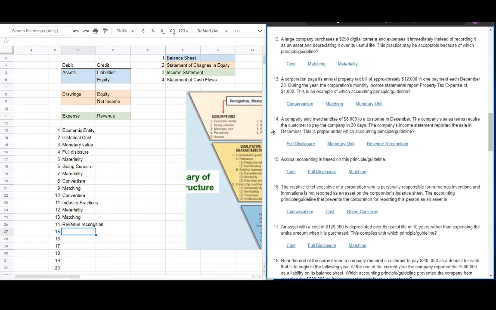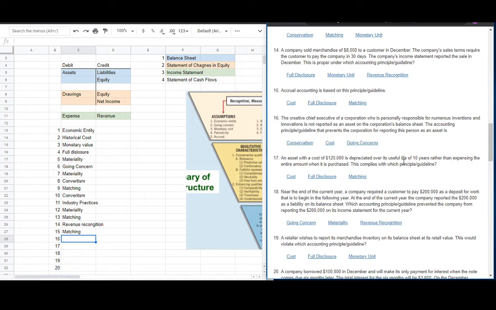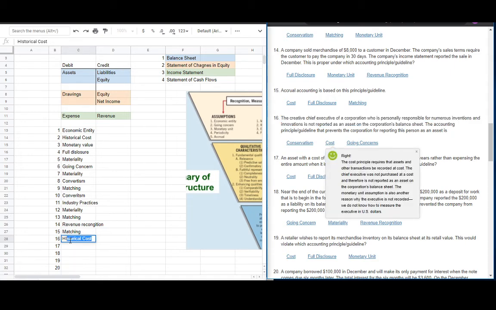Number 15, accrual accounting is based on this principle or guideline, the matching principle. Matching expenses and revenue. Number 16, the creative CEO of a corporation is personally responsible for numerous inventions and innovations. It's not reported as an asset on the corporation's balance sheet. And so this is the cost principle or historical cost. So baka malito tayo. Ano ang ibig sabihin nito?